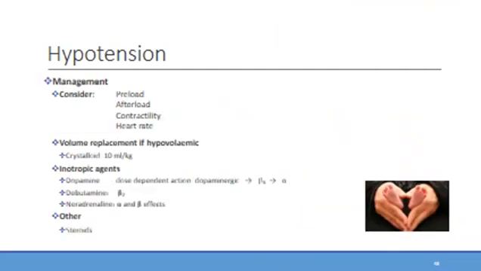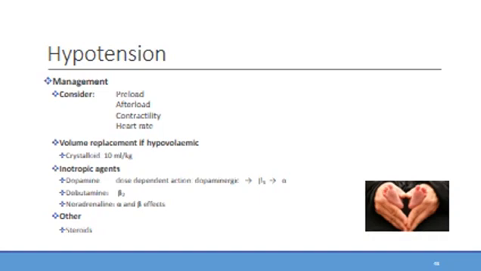It is sometimes very difficult to establish whether a neonate has hypotension or not. Always start with the technical aspects and ensure that the cuff is the right size for the patient. Then, when you are sure that there's hypotension present or there is evidence of poor organ perfusion, one can consider appropriate management by looking at the different factors such as preload, afterload, contractility of the heart, and the heart rate.